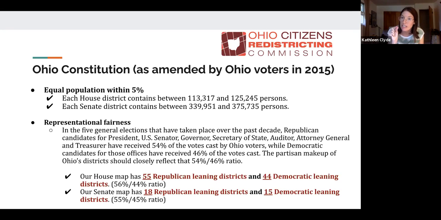That ratio is a touch off. It's 56% Republican and 44% Democratic, but it is very, very close. Our Senate map has 18 Republican leaning districts and 15 Democratic leaning districts for a 55-45% ratio. Again, very close to that 54-46 number.